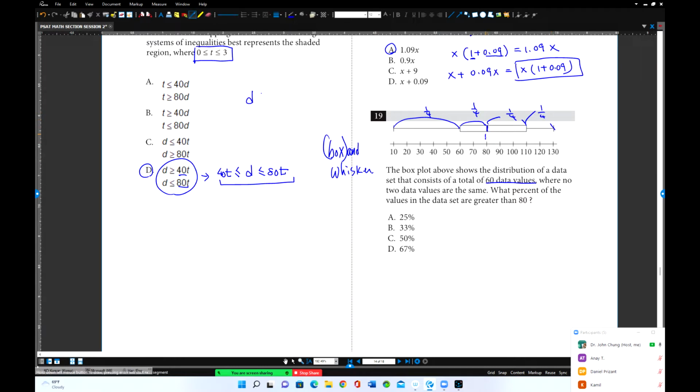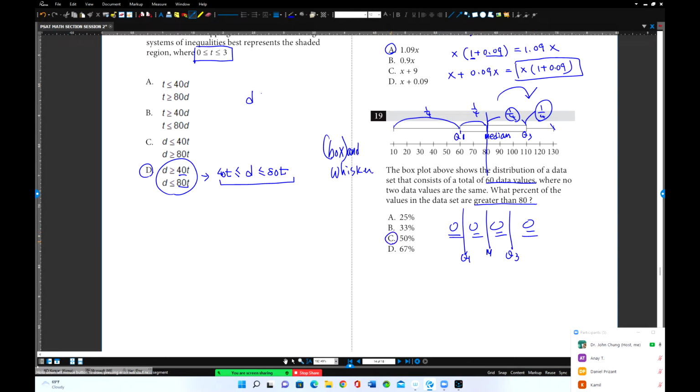So this number is the median. This number is what? The first quartile, this is the third quartile. So when you have data over here, we exactly divide it into 4 equal parts, okay? This is the median, this is the first quartile, that's the third quartile. Okay? So that is 50%. Exactly half of the data is placed here, to the right-hand side of the median.